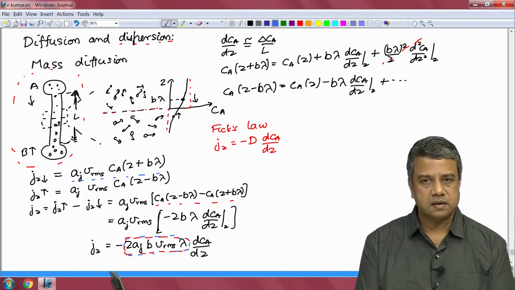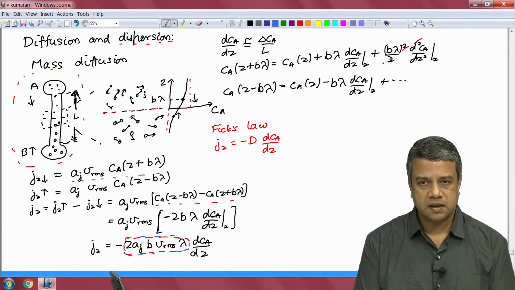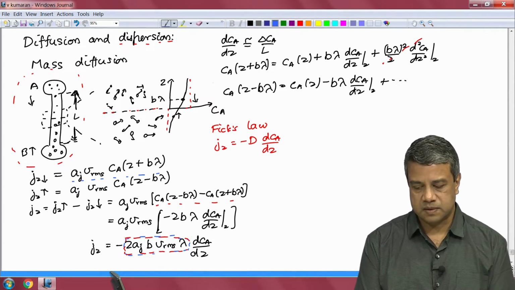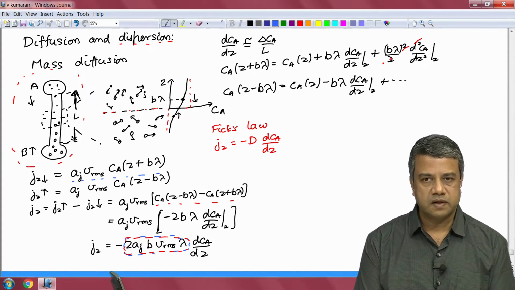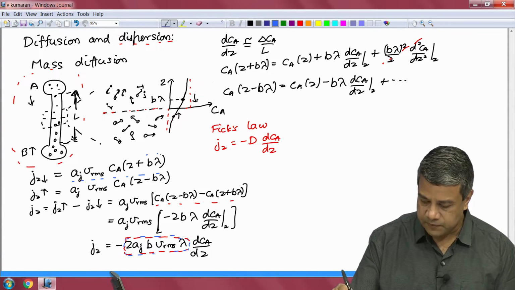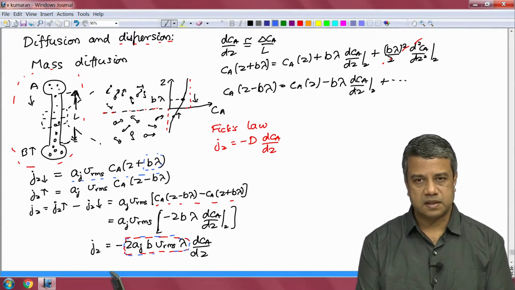So, the flux of molecules going from above to below is approximately equal to some coefficient of order 1 times the root mean square velocity of the molecules. That is the velocity perpendicular to the surface times the concentration at a location that is approximately a mean free path above the surface, where b is some constant.